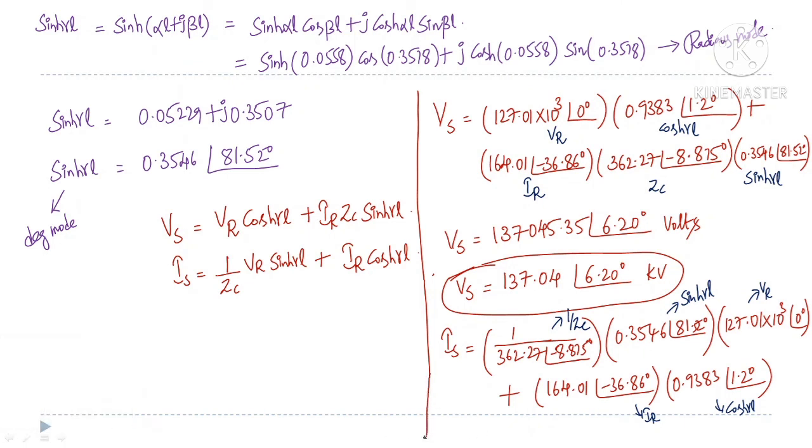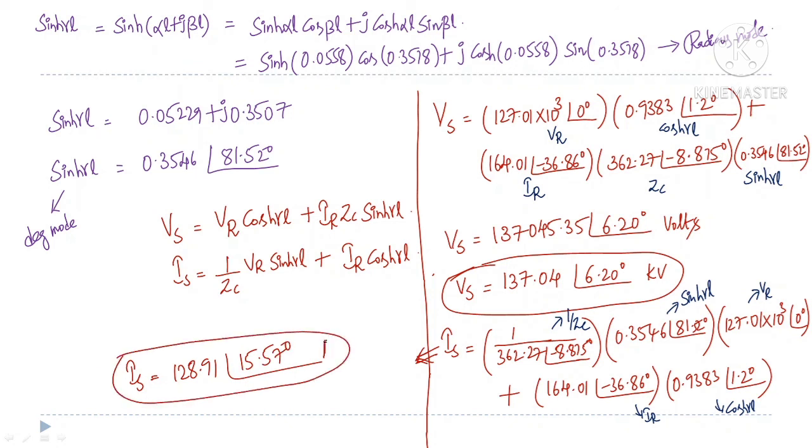Now if you evaluate this with the help of a calculator, you will get the Is value as 128.91 at an angle 15.57 degrees amperes.